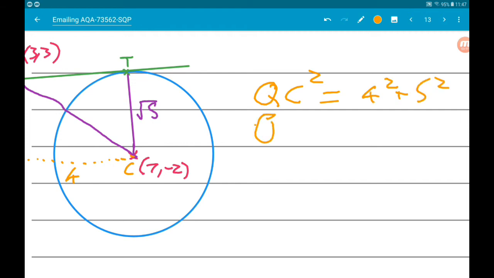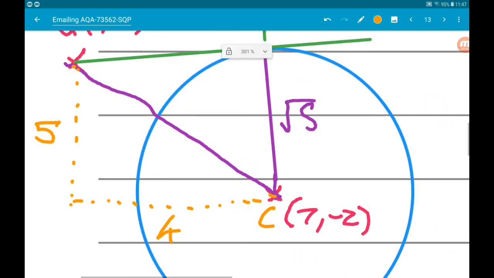So QC squared is 16 add 25, which is 41. So QC is root 41.